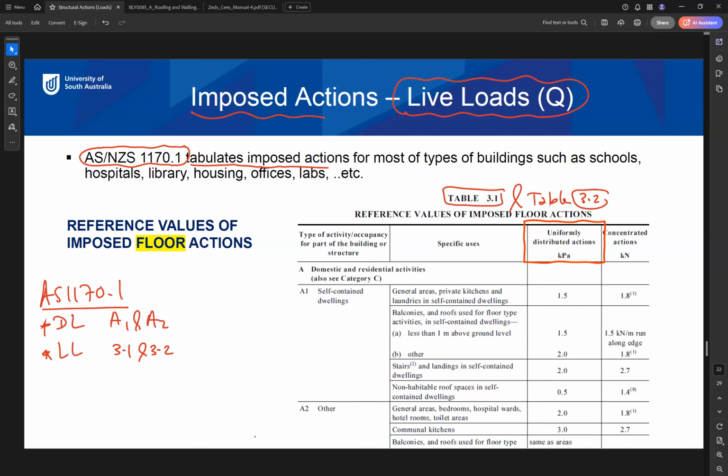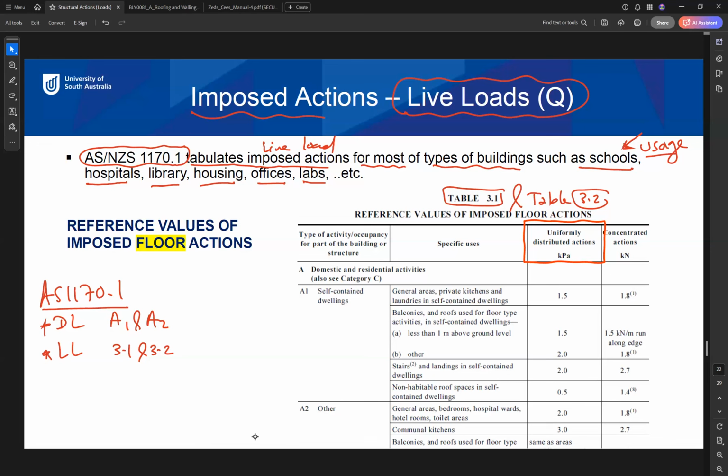So the table 3.1 and 3.2 tabulates the imposed action or the live load for most types of building, such as schools, hospitals, library, housing, offices, labs, and so on. So every type of building you are designing will have a different live load based on the usage of the building. So you can't just use a certain value of live load for all the buildings.